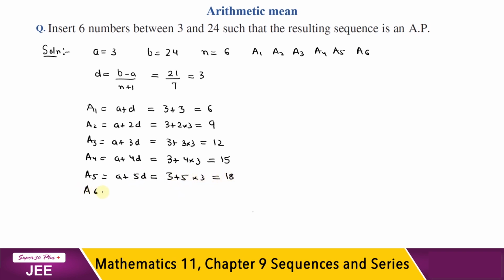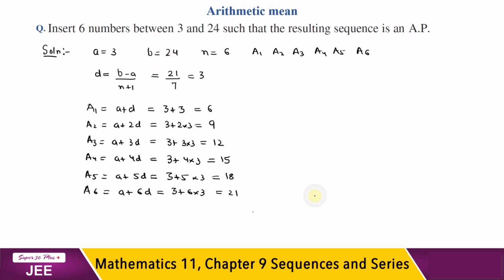And last, A6 is equal to A plus 6D, so this is 3 plus 6 multiplied by 3, which is equal to 21. So we are done with finding the 6 arithmetic means between two numbers, and those two numbers were 3 and 24.